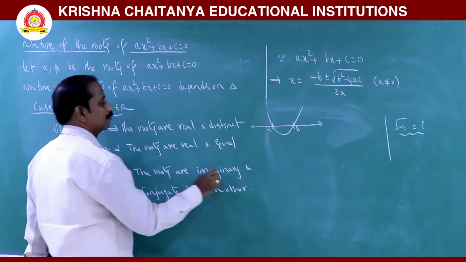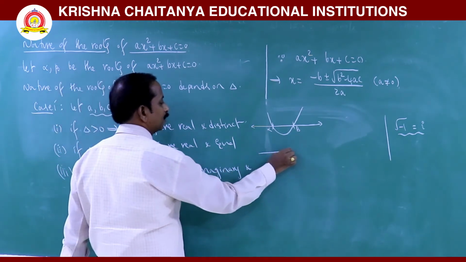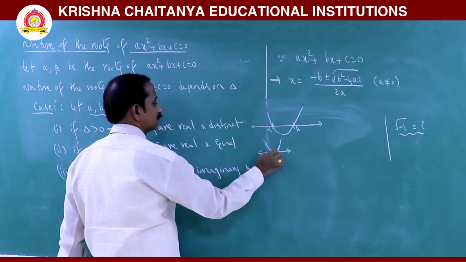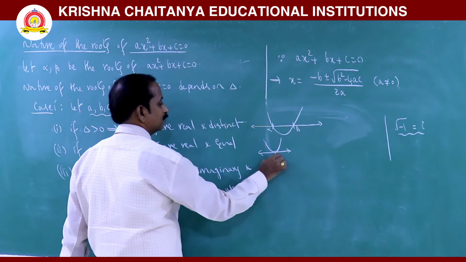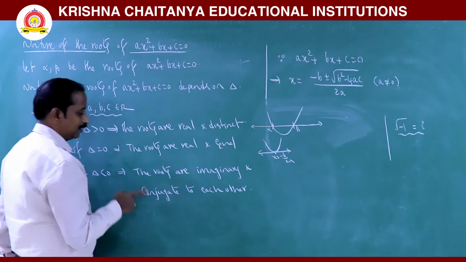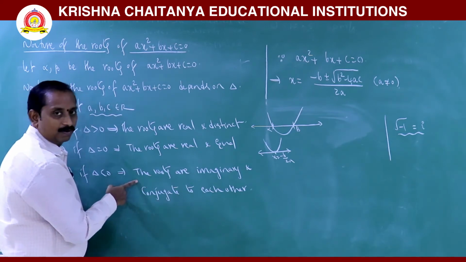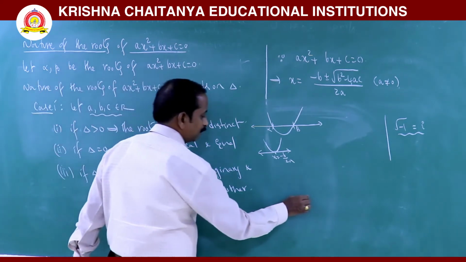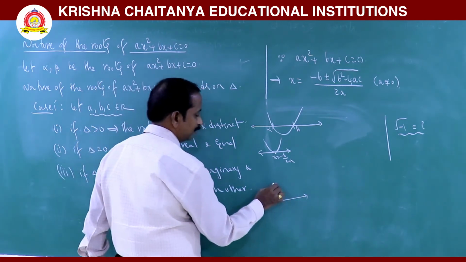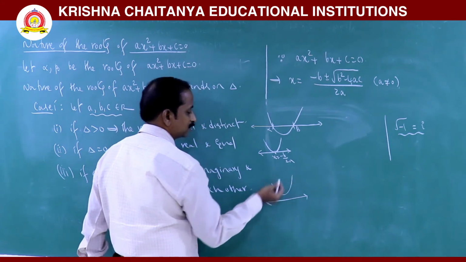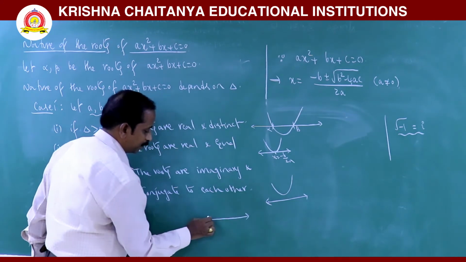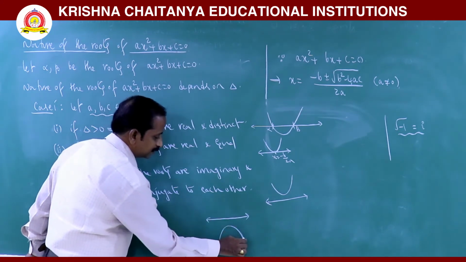The roots are real and equal. This is the x-axis, this is the curve. At this point the roots coincide, at x = −b/2a. Next, in the third case there are no real roots, which means the curve neither touches nor intersects the x-axis. The curve may open upwards above the x-axis, or open downwards below the x-axis.